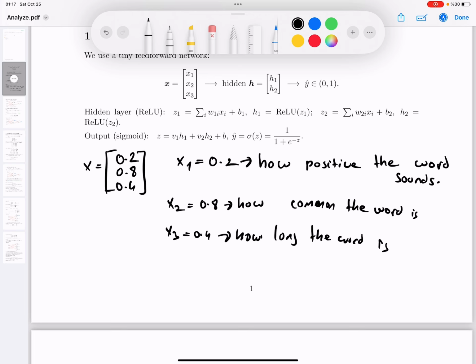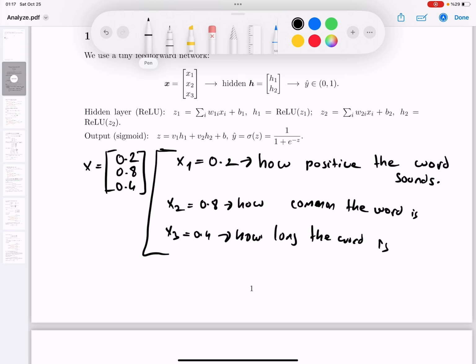What the hidden layer does is there are two helpers. Hidden neuron 1 looks at all three clues and says, if the word is short and common but not positive, I should light up. And hidden neuron 2 looks for different patterns, like they are characters in a game.